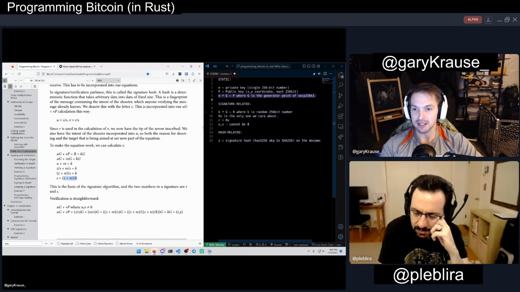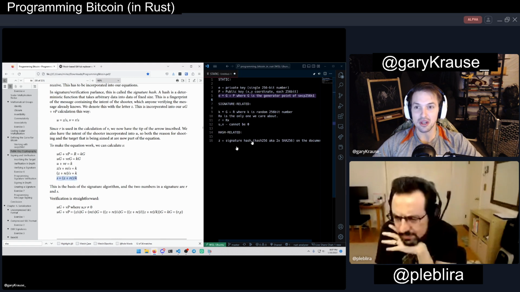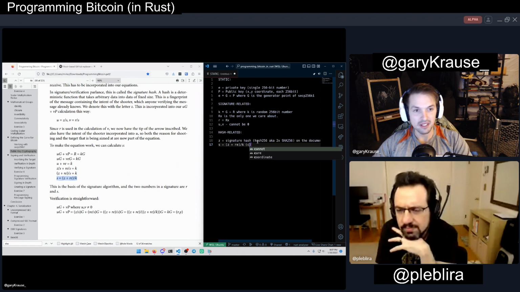And so now we can get S, which I still don't know what S stands for, or what its significance is here, other than calculating. What do we calculate?